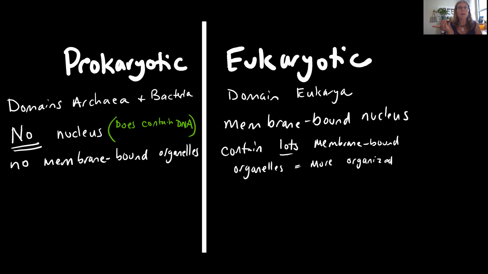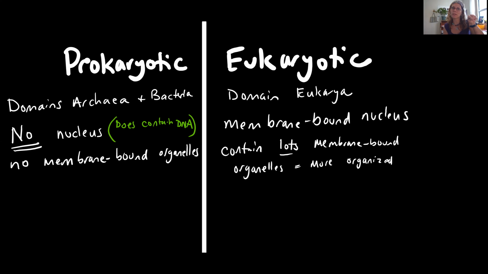By being membrane bound, you can create your own environment. So the environment of the kitchen can be completely different from the environment of the bedroom, and the mom and dad's bedroom can be different from the kids' bedroom, okay? The bathroom environment is different from the rest, okay? So it's very packaged up. It's separate, it's compartmentalized, it's very organized.